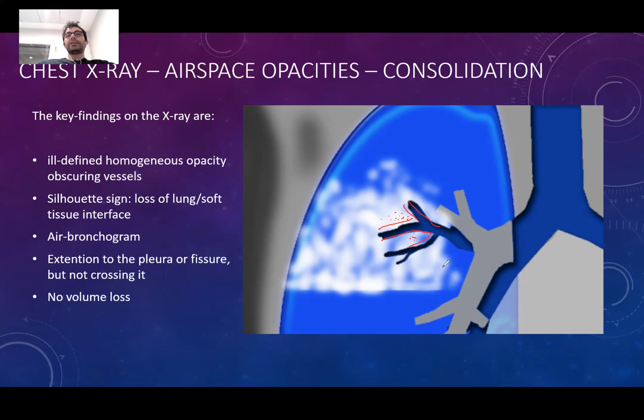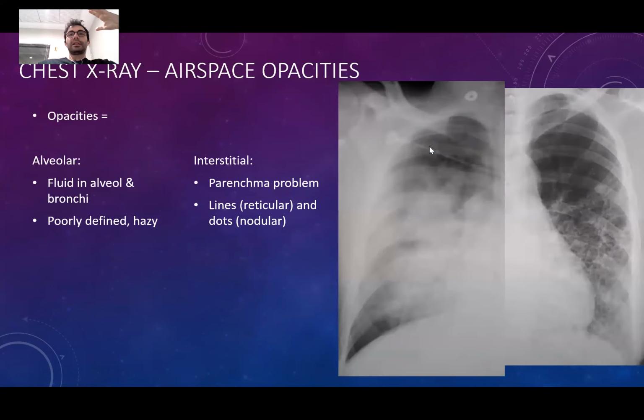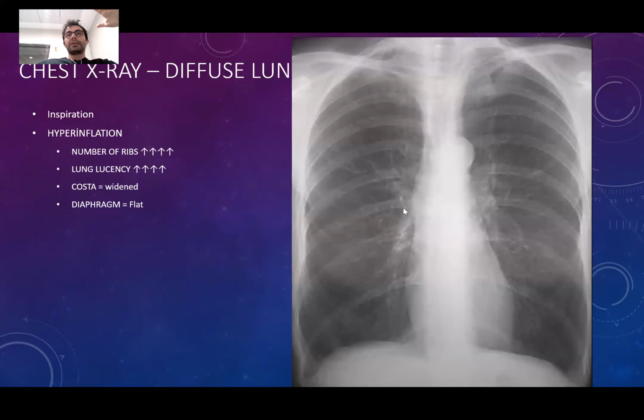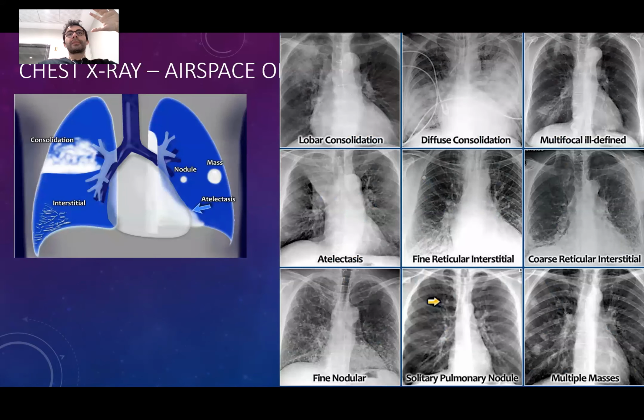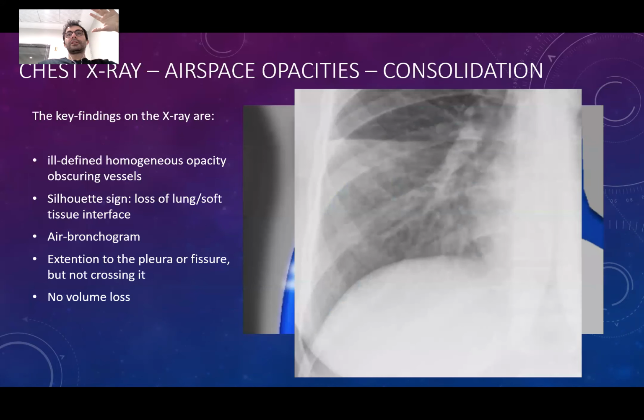Usually on a lung X-ray, we see the blood vessels, right? Like this. The bronchi are actually not seen because they are low density. But in a case of consolidation, we will start seeing the bronchus wall as a dark structure instead of a bright blood vessel.